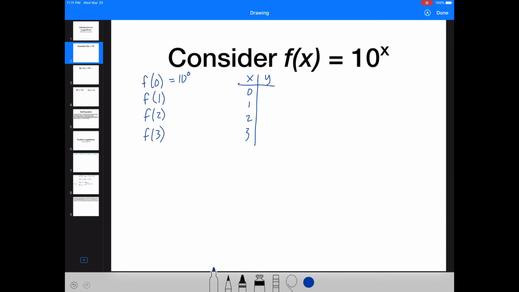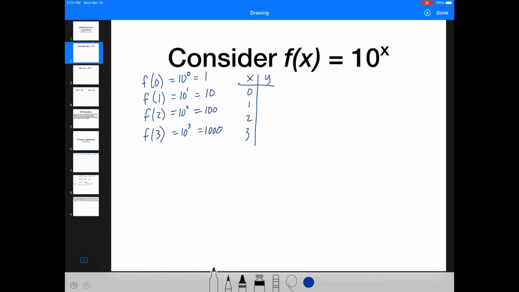And here I go. So f of 0 equals 10 to the 0 power. Anything to the 0 power is 1. f of 1 is 10 to the first power, which is, of course, itself. f of 2 would be 10 squared, which is 100. And then f of 3 is 10 to the third power, which is 1,000. So we now have a function, right?